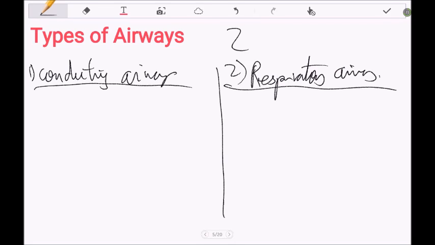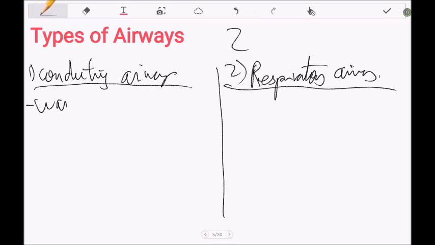What are the differences? Conducting airways warm, humidify, and filter the air. They do not participate in gas exchange because they have anatomical dead space. There's air that is trapped inside your airways, the trachea and the bronchi, and there's about 150 cc's of air in there that does not participate in gas exchange.